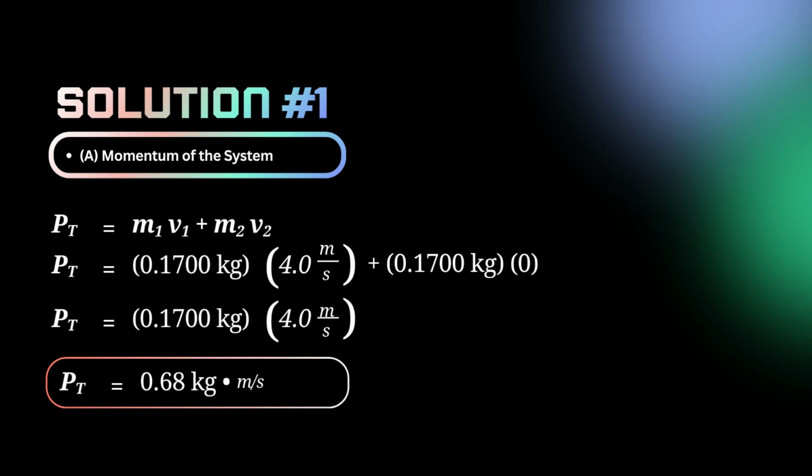So we multiply the momentum of the cue ball, which is equal to 0.68 kilogram meter per second. We need to note that this value represents the system's momentum just before the collision.